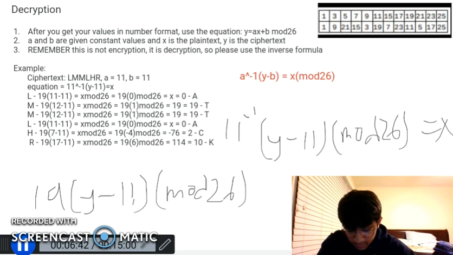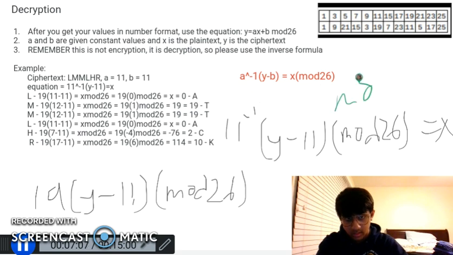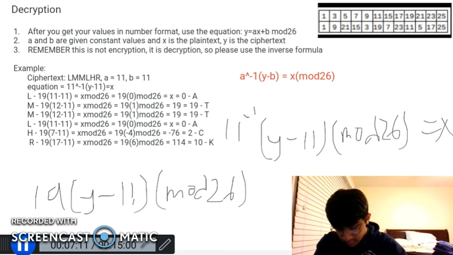So you have A, T, and then T, A again, because we have L, M, M, L, and then H and R. Next you have 19 times (7 minus 11) mod 26. If you know how to do negative mod, you solve for the normal mod and then go reverse.